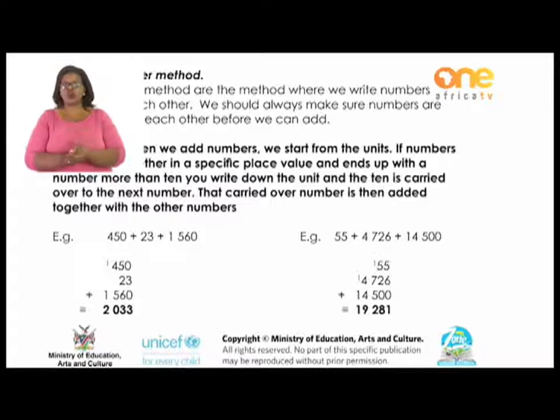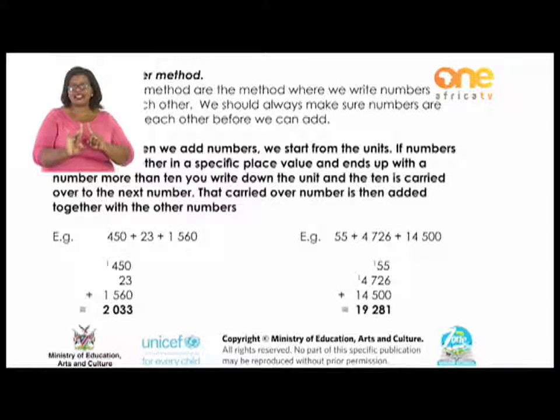It's still equal to 11. We write down the 1 and we carry the other one over. Then 5 plus 2 equals 7, plus 0 equals 7, plus the 1 that we carried over, and that is equal to 8.